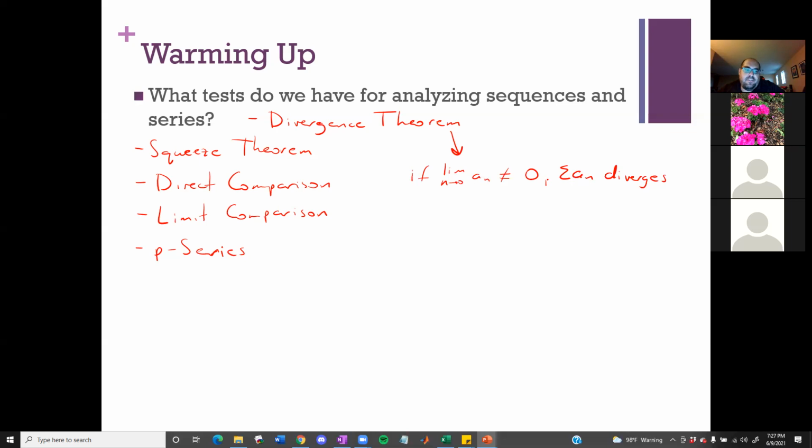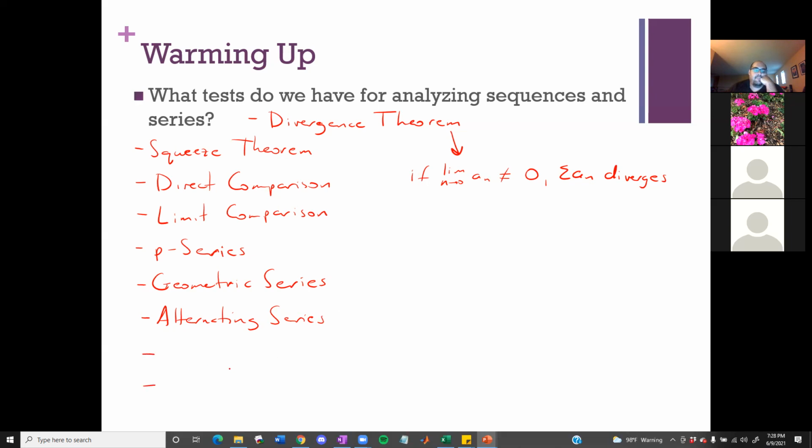So we've got the divergence theorem, squeeze theorem, the two comparison tests, p-series. What else have we done? Geometric. Yep, geometric series. I can think of at least 3 others that we can put here. Alternating. Yep, alternating series test. All right.